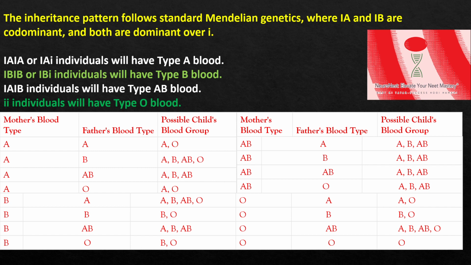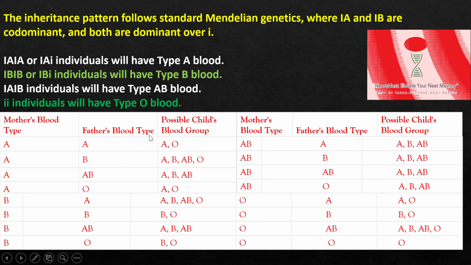That is the gene for the blood groups A, B, and O. If IA IA or IA small i, individuals will have type A blood group, whereas the person who has only small i small i individuals will have type O blood group.